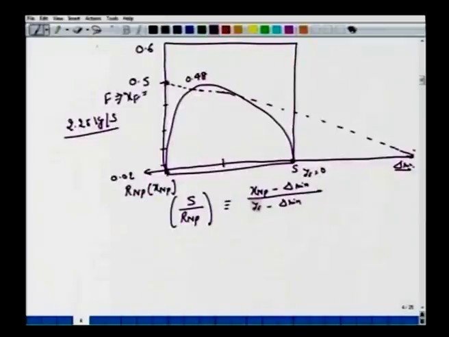We can measure the lengths of these two segments, but please notice we don't know the amount of RNP, unlike in the previous examples where we knew the amount of raffinate. Although we can measure the segments in the numerator and denominator on the right hand side of the equation, we do not know RNP.